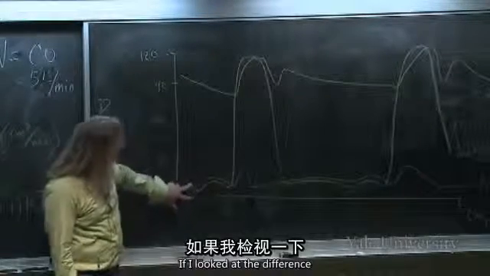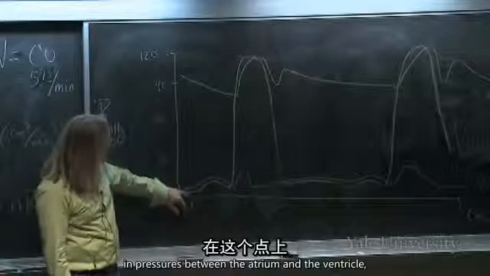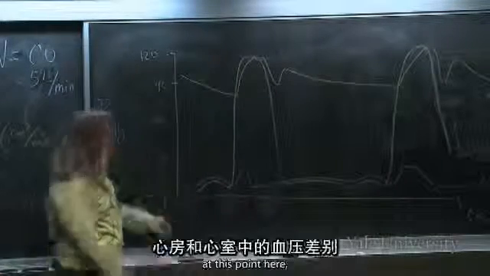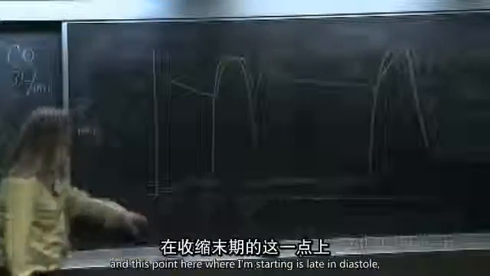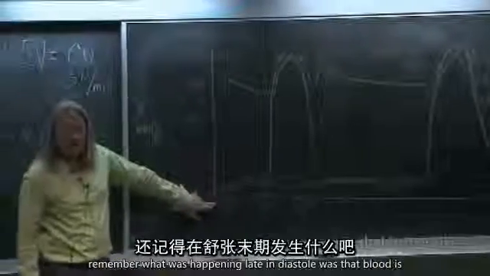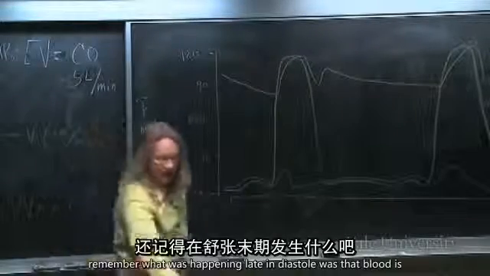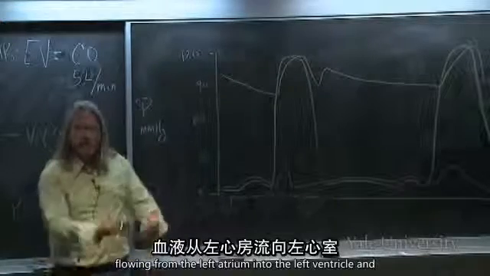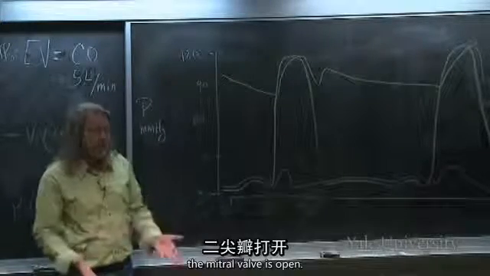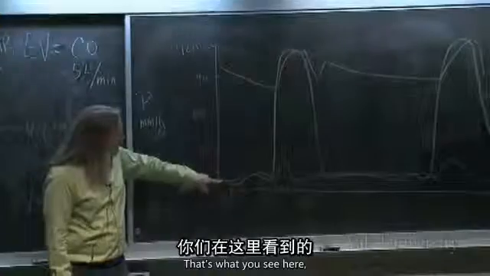If I looked at the difference in pressures between the atrium and the ventricle, at this point here, where I'm starting, is late in diastole. Remember, what was happening late in diastole was that blood is flowing from the left atrium into the left ventricle, and the mitral valve is open. And that's what you see here.